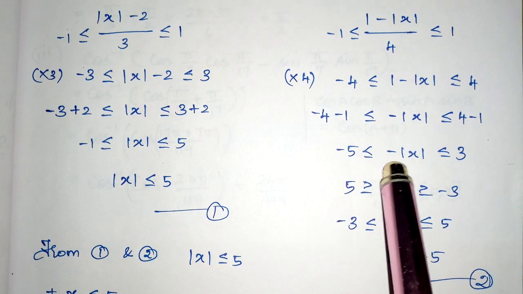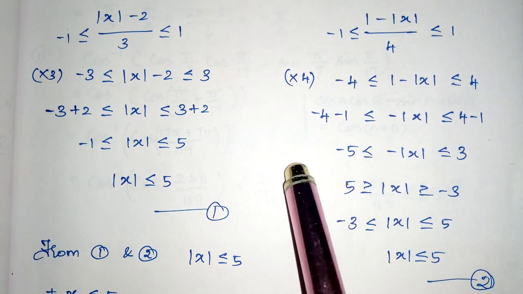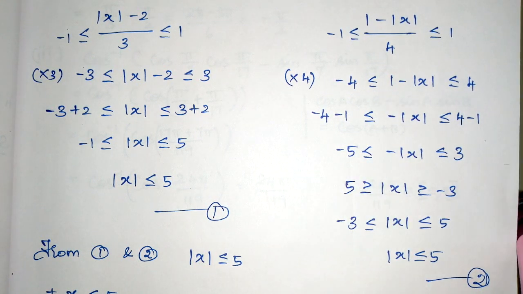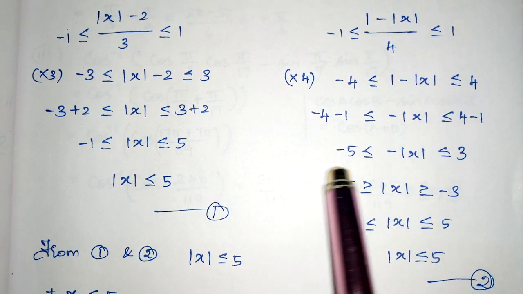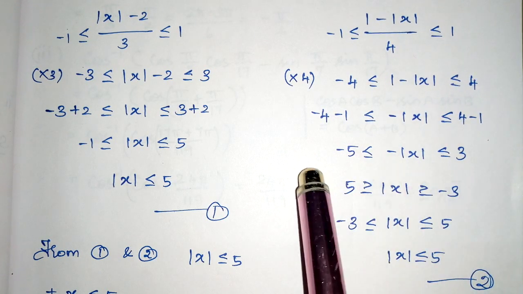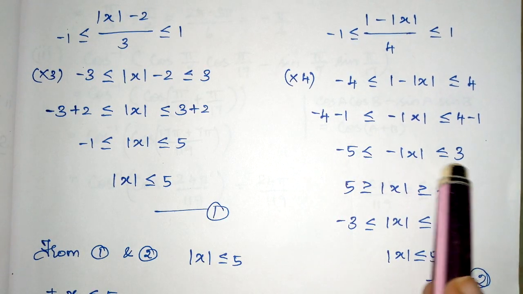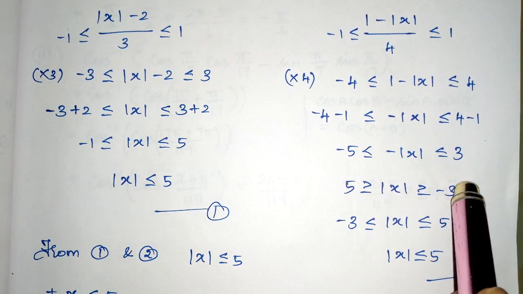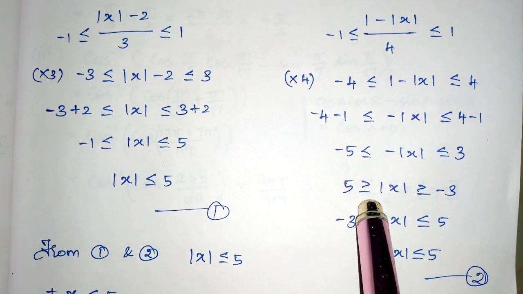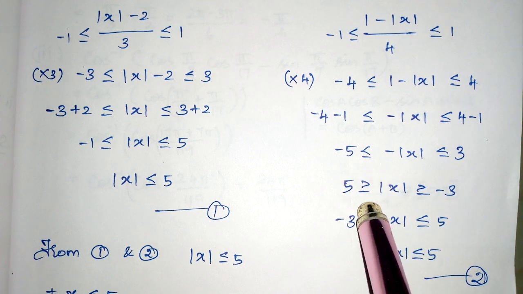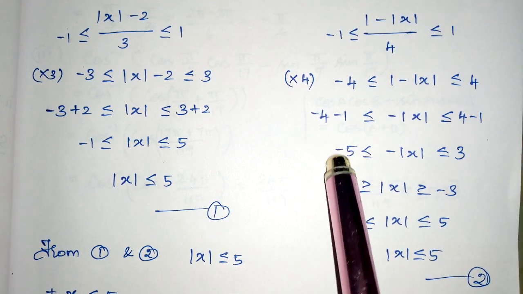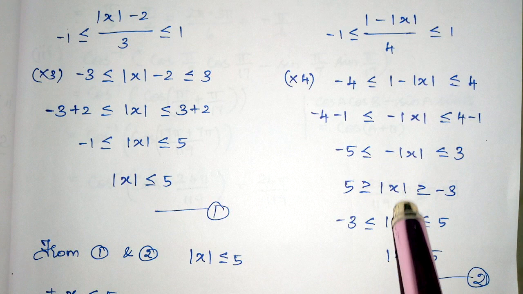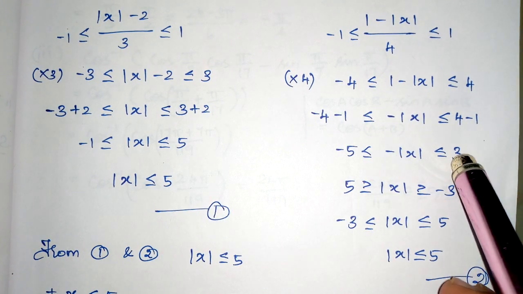Now you see here there is a minus here, I have to remove this, so I'm going to multiply by a minus throughout this inequality. We know that when we multiply an inequality by a negative number, there is a sign change, so the inequality will also change. So less than becomes greater than, minus becomes plus, and here plus becomes minus.